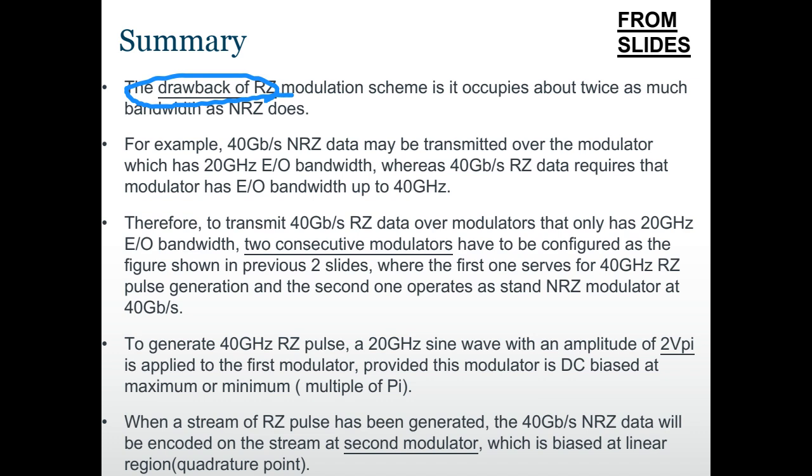So if we want this much data rate, for NRZ, we only need half of the bandwidth. But for RZ, we need 40 gigahertz bandwidth. So in order to generate an RZ signal, we need two MZM.